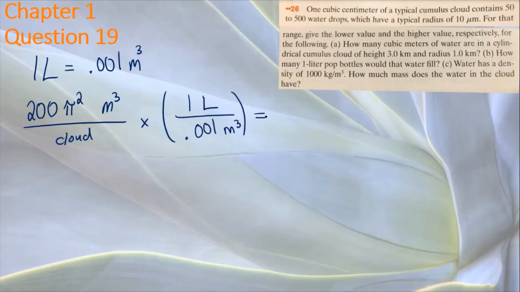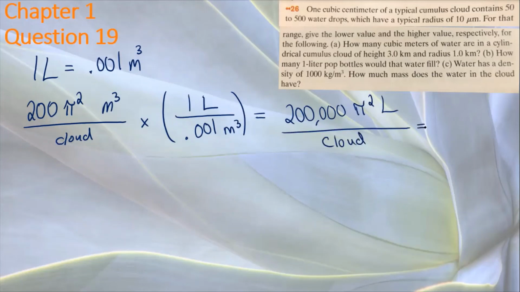So 200 pi squared, 200 divided by 0.001 is 200,000 pi squared liters per cloud.